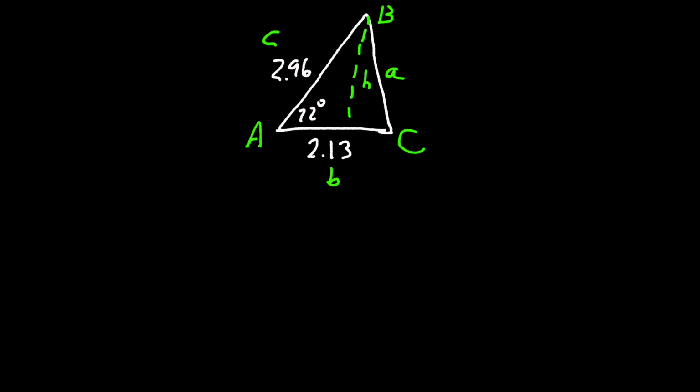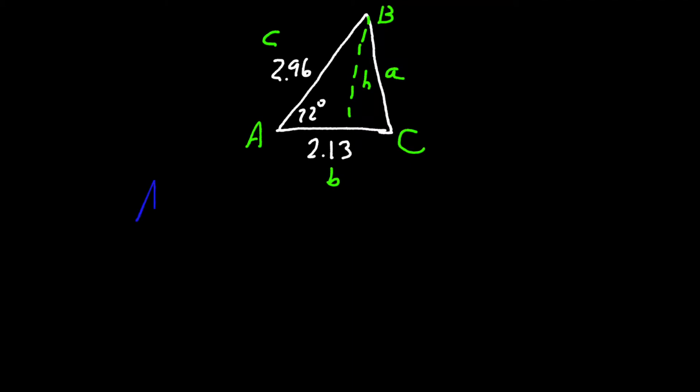I know I want to find its area, and I know this side right here, it's 2.13 units. I know this side of the triangle, it's 2.96 units, and I know the measure of the angle between those two sides. I can find the area of this triangle.